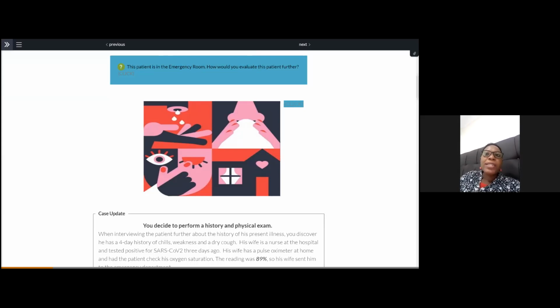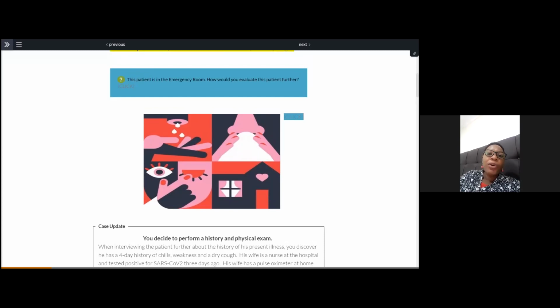When it comes to your past medical history, you also want to find out whether the patient has any existing comorbidities, because we know that patients with underlying medical conditions such as hypertension, diabetes, obesity, asthma, patients who are on immunosuppressive treatment, or patients who are immunosuppressed, are at risk of developing severe to critical illness.